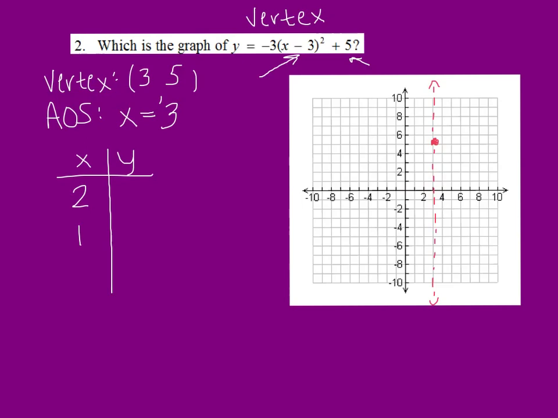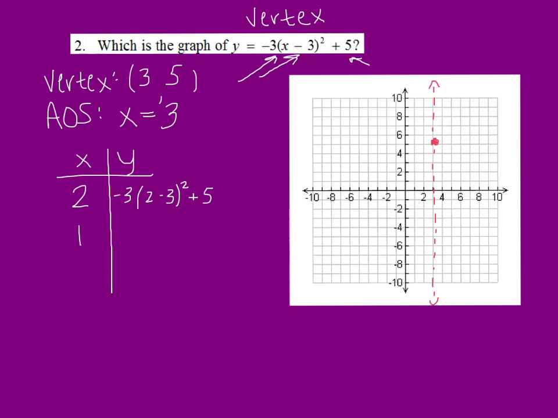Okay, so using a calculator or using our brains, whichever way, we can plug in 2 right up here into our original function for x. So I have -3 parentheses 2 minus 3 parentheses squared plus 5.